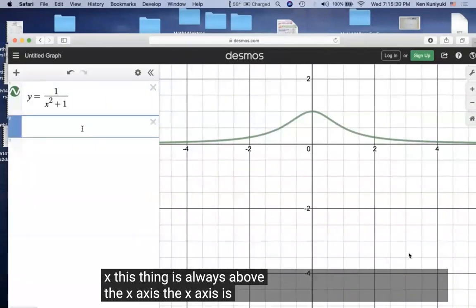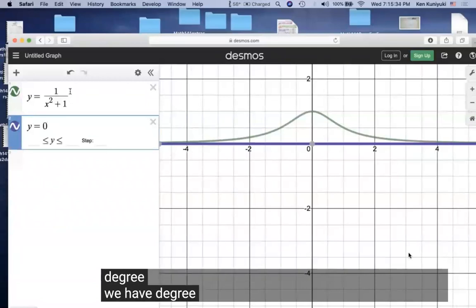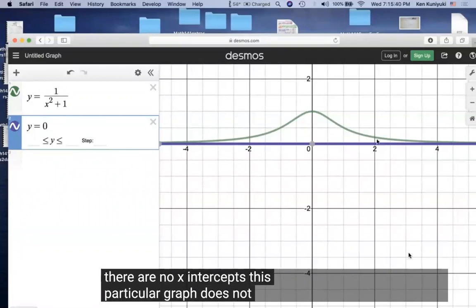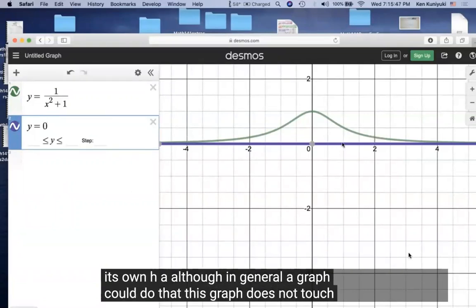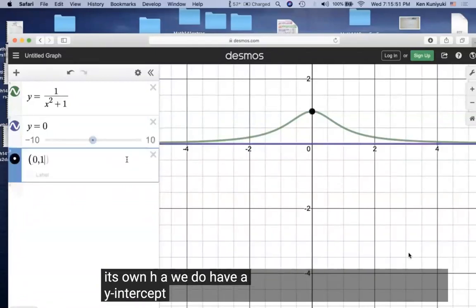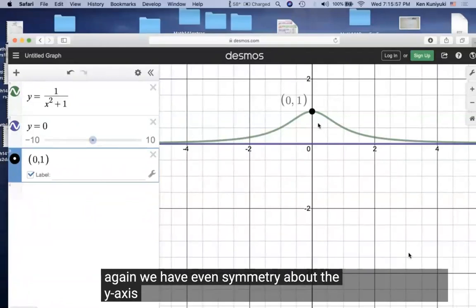The x-axis is an HA because this is bottom heavy in degree: we have degree 0 over degree 2. There are no x-intercepts. This particular graph does not touch its own HA, although in general a graph could do that. We do have a y-intercept at (0, 1). Again, we have even symmetry about the y-axis.